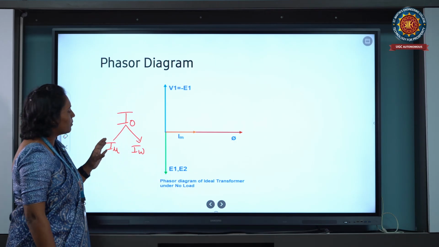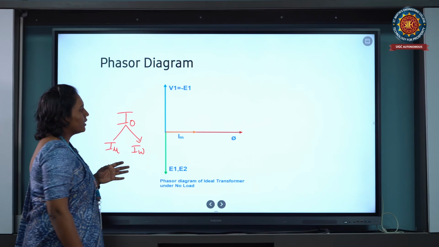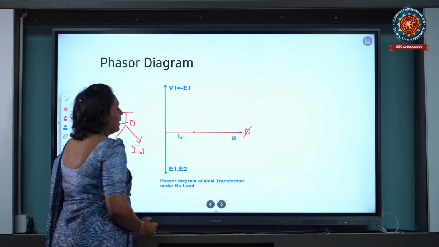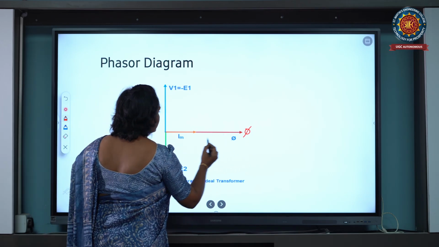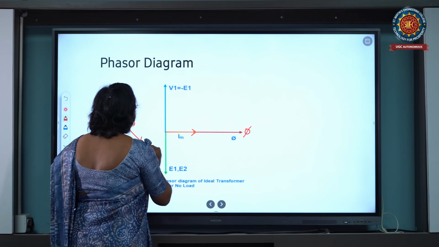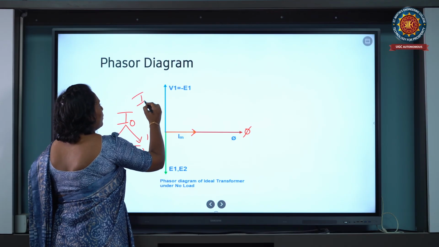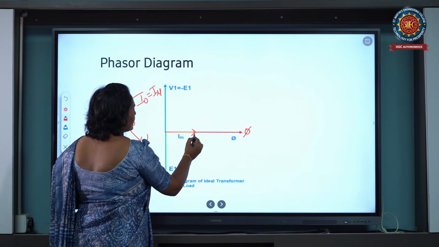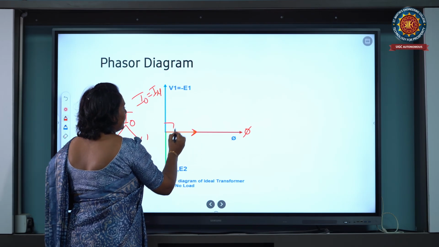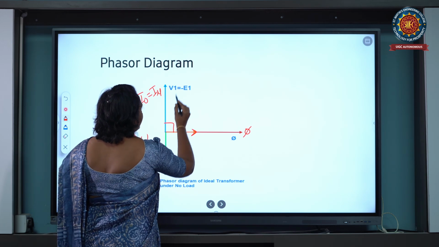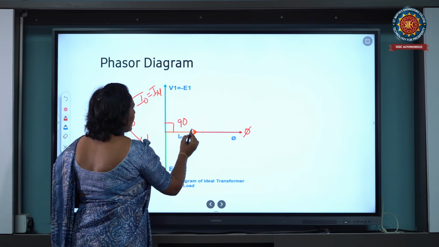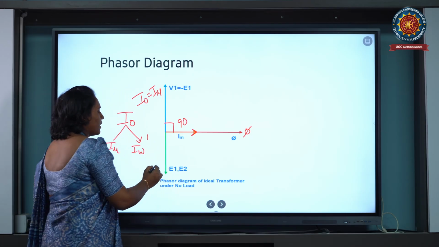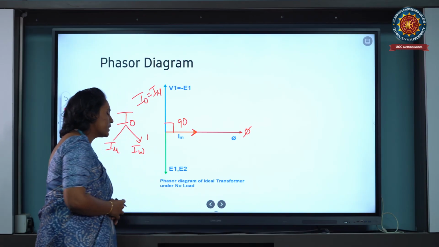In the ideal transformer, the I0 current is very small. I am taking the flux as the reference. This is the flux taken as the reference flux. In the ideal transformer, the no load current is equal to the magnetizing current. This magnetizing current lags the supply voltage V1 by 90 degrees. Due to this flux, EMF will be induced in the primary side and secondary side.